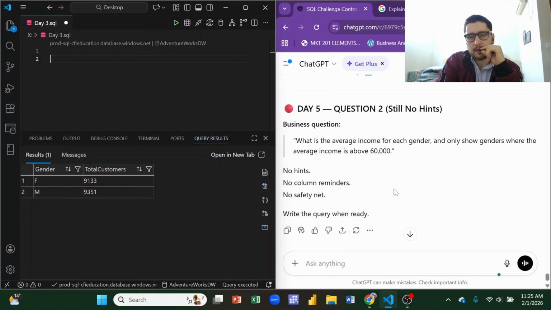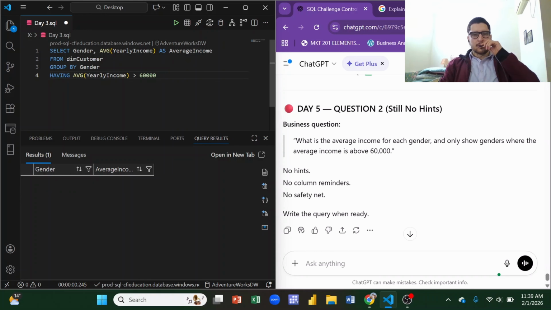There are no hints, obviously. The business question is: what is the average income for each gender? I selected this query for question 2. It was quite easy. I selected the dimension table customer, and from there I selected the gender.